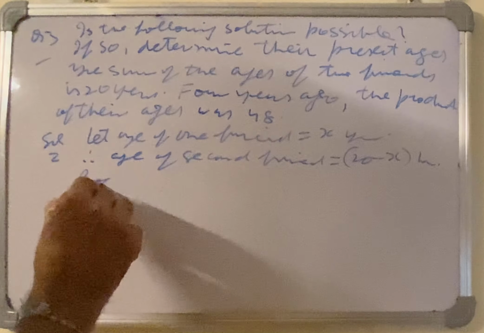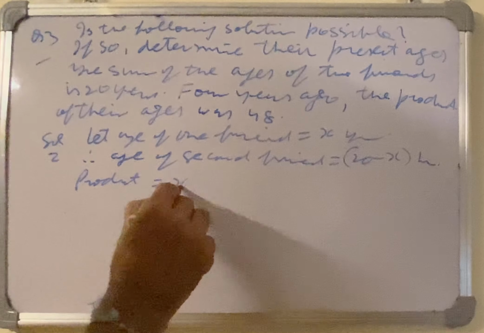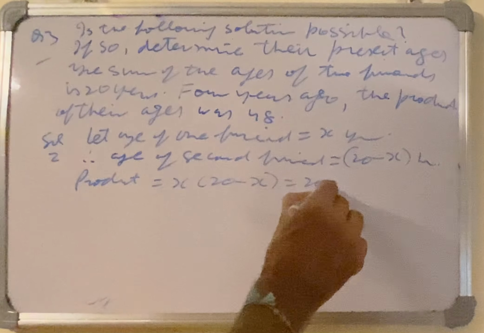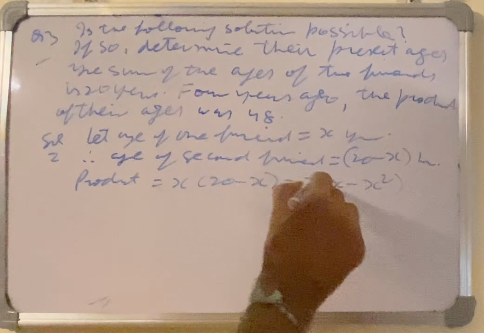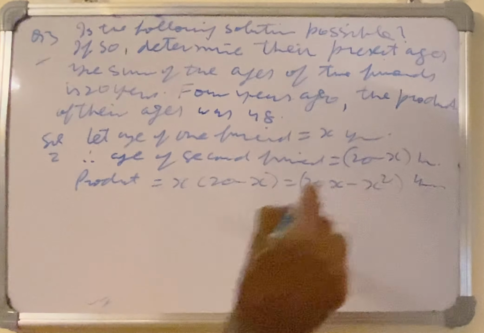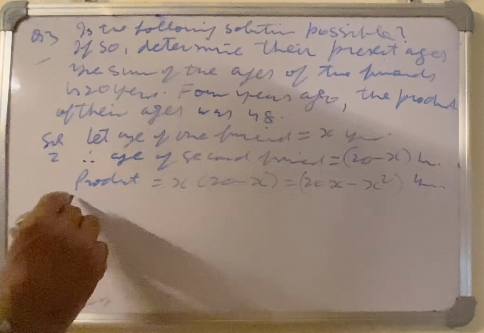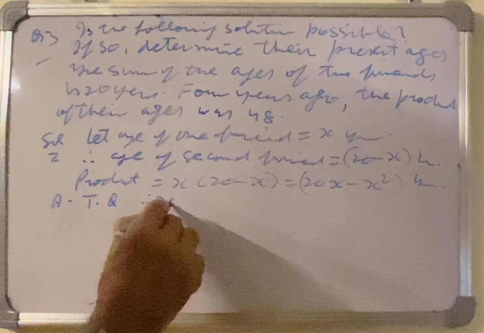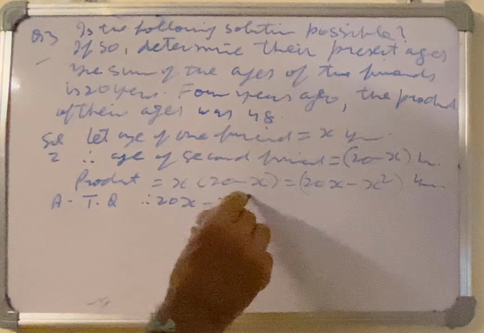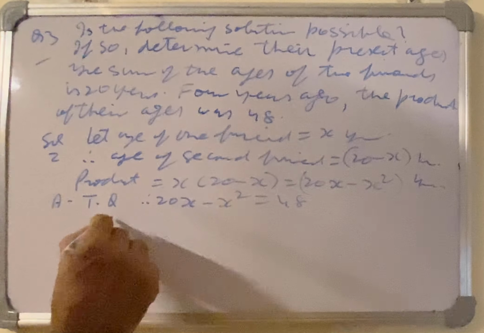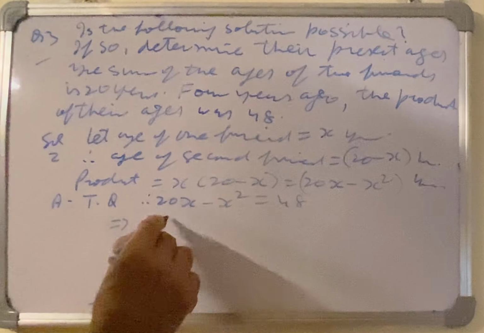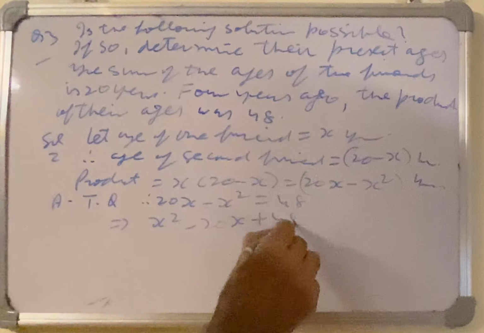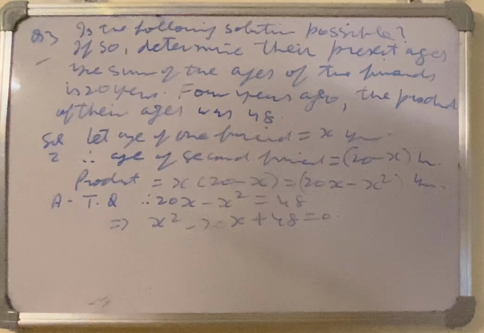The product of ages is x into 20 minus x, which is 20x minus x square. According to the question, the product is 48. Therefore, 20x minus x square is 48. So x square minus 20x plus 48 is equal to 0.